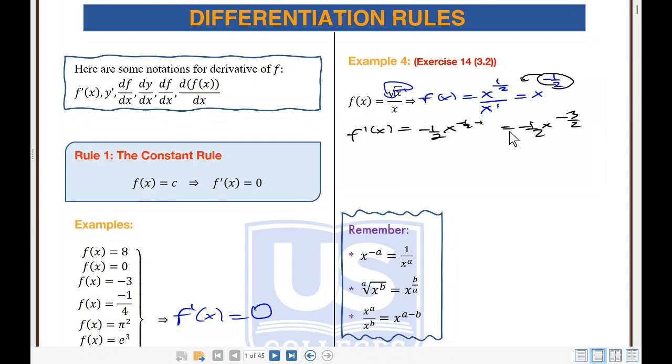So that's my answer. Not written in simplest form, of course. We should simplify it. Negative exponent, to make it positive, you move the variable to the denominator. So that's one of the answers. We can, of course, continue rewriting this answer.